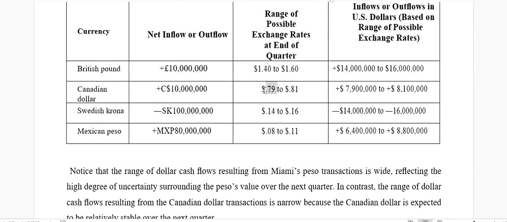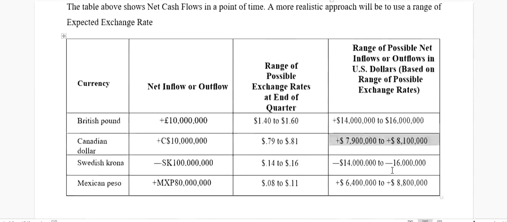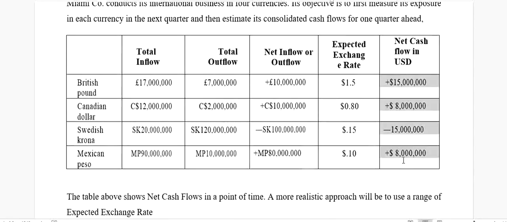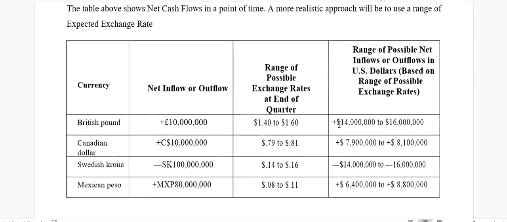Then we multiply 0.79 and 0.81 with the 10 million Canadian dollars, and we get minimum and maximum net cash flows in terms of dollars. So here we got a single cash flow, which is good. It makes some sense, but it's not the best approach because it's just a fixed value. A better approach would be to develop a range.